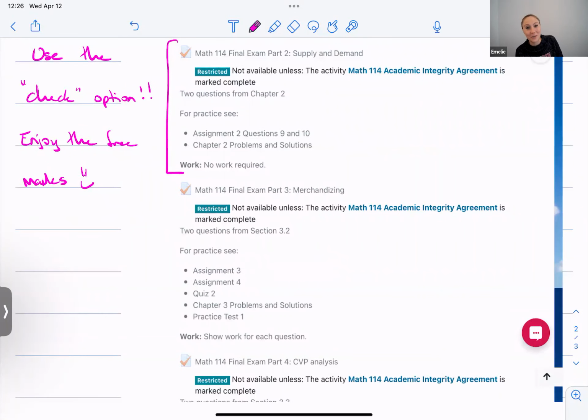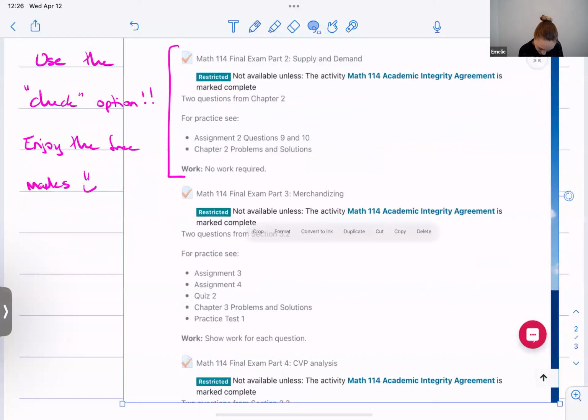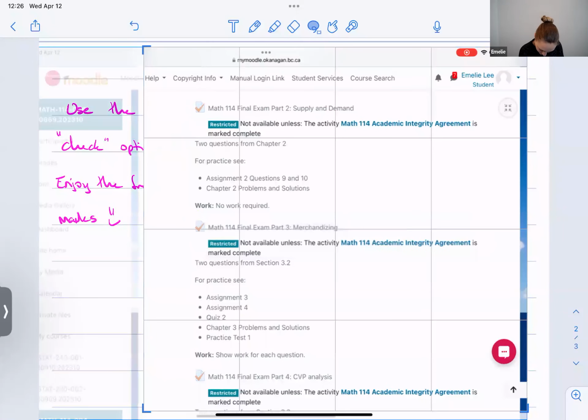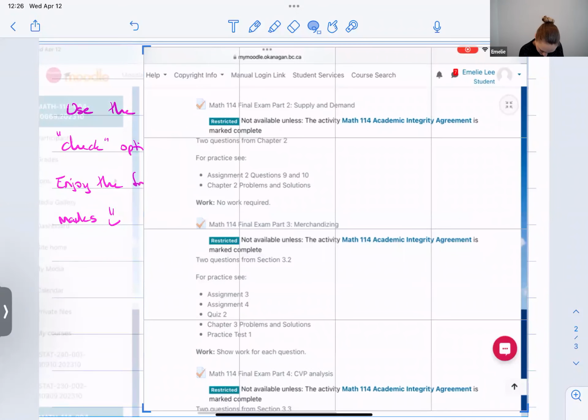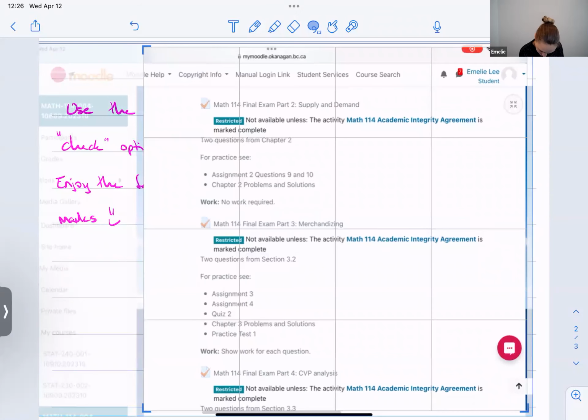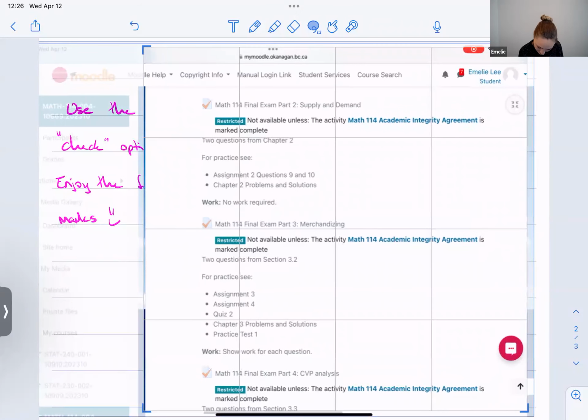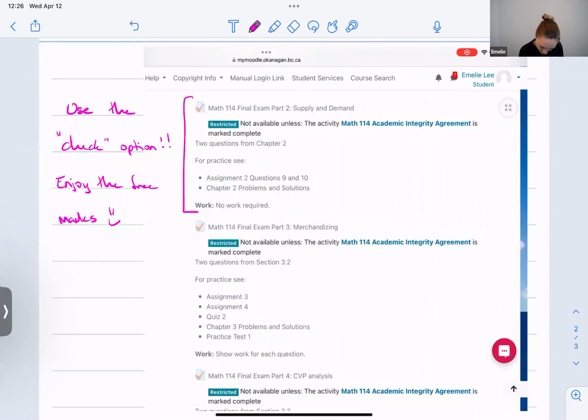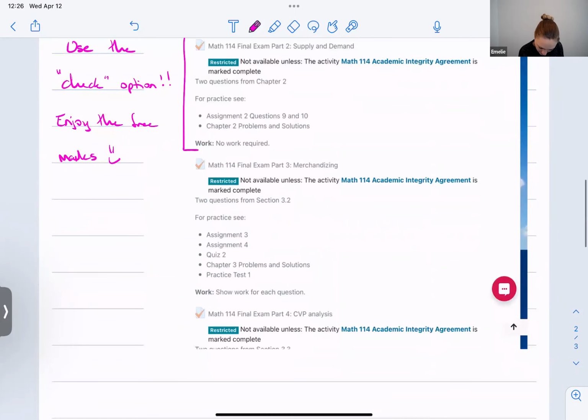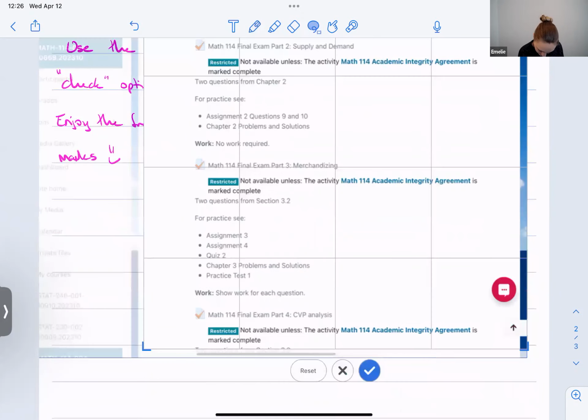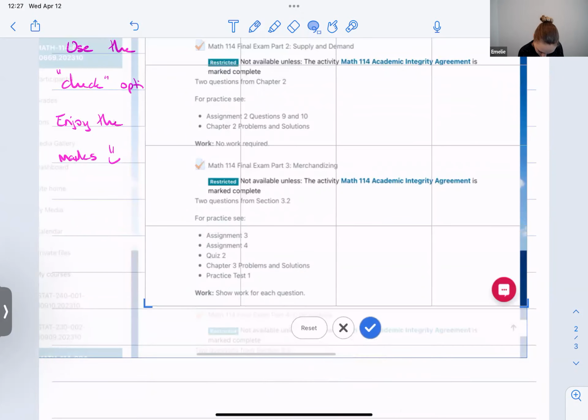Then on to some real work, some other real work. And you know what? I'm gonna crop. I just wanted to crop this because I realized it had part 4 there.